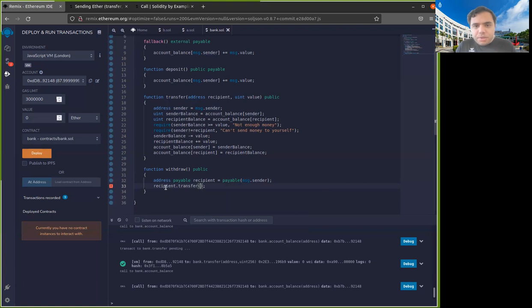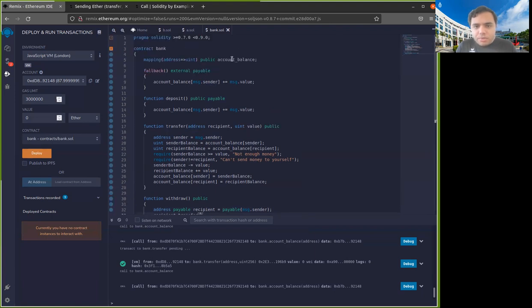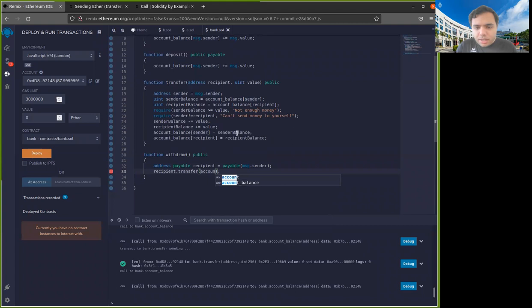Now, how much money do I want to transfer to them? I want to transfer their account balance, so account balance of recipient. And of course, I want to set the account balance to 0. Okay? So suppose that I have a withdraw function like this.